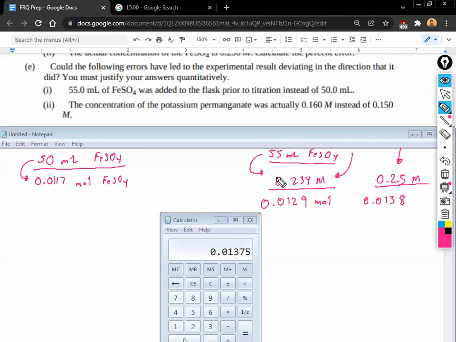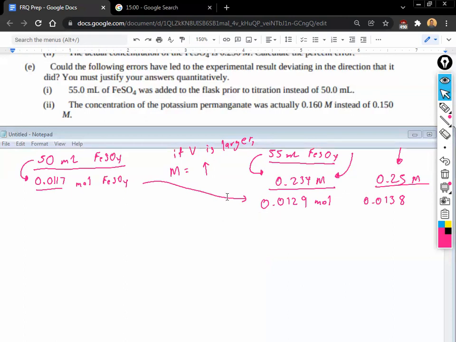So if you take a look at it, what happens to the number of moles as we go, if the volume is larger, what happens to the molarity? Yeah, it's going to increase, right? Because the values are going to get bigger. We have 0.0117, 0.0129, and then this one. So regardless of how you look at it, the molarity is going to go higher.